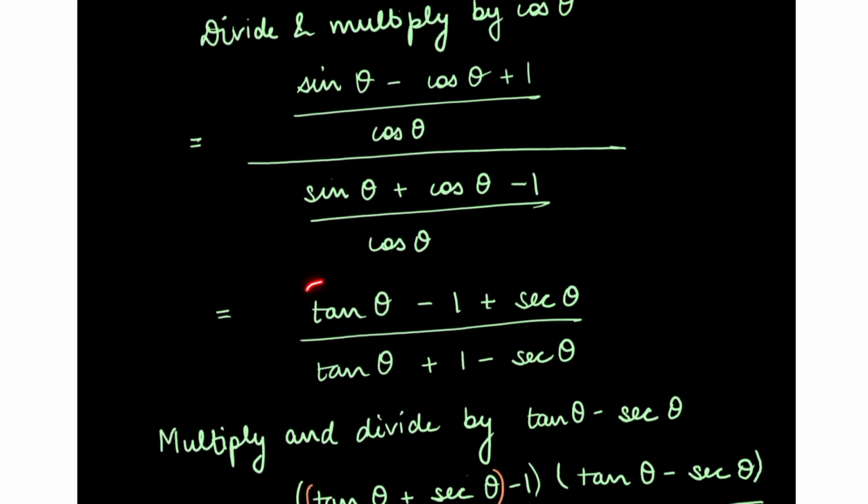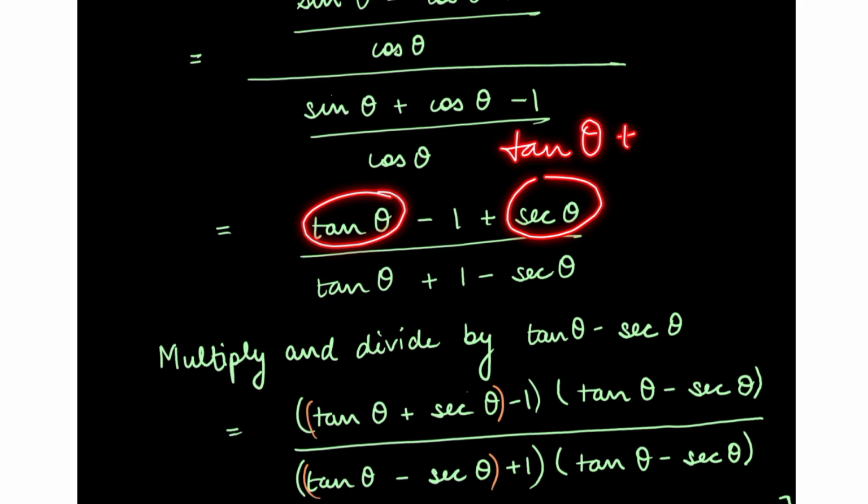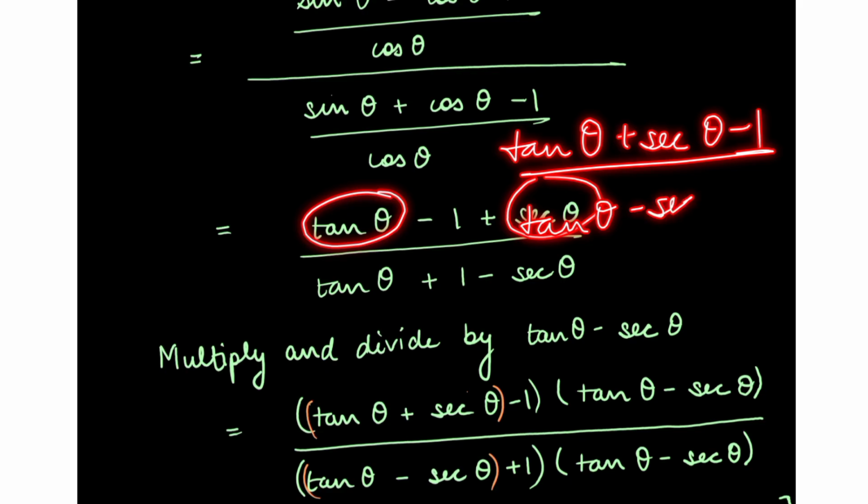So this is the expression that we have got. Now we can see here that this is the expression in which tan and secant we can separate it, like (tan theta plus secant theta minus 1) divided by (tan theta minus secant theta plus 1). We can just do this.